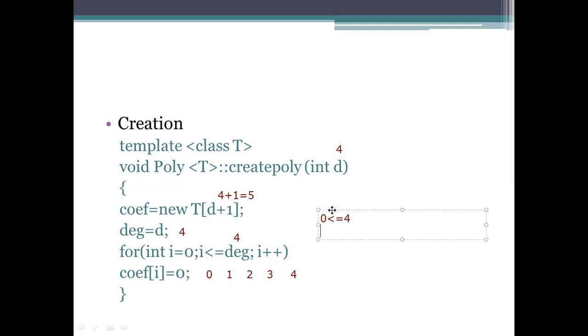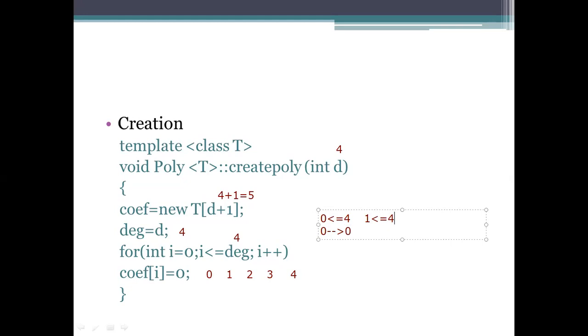It is inserting at the subscript 0 the value 0. Next, the incrementation is done: 1 less than or equal to 4.